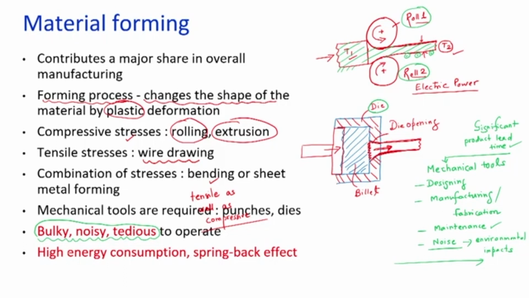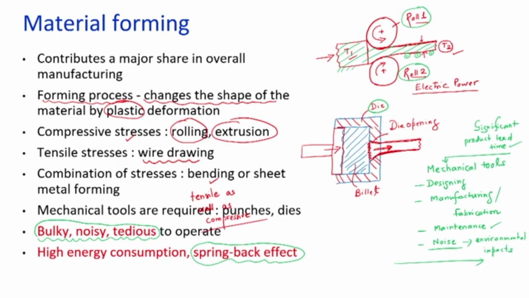Moreover, the mechanical tools may generate some sort of spring back. So, there may be some sort of recovery due to the elastic deformation of some of the materials, and that spring back effect will certainly affect the product quality.